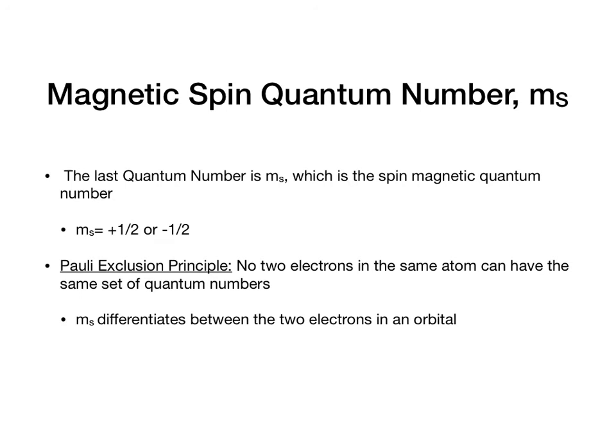So this comes to our last quantum number. The last quantum number is the magnetic spin quantum number, ms, or m sub s. Our last quantum number, m sub s, is going to allow us to tell them apart. And so this is going to tell us that our 2 electrons spin in opposite directions.